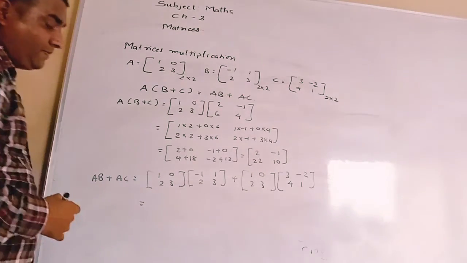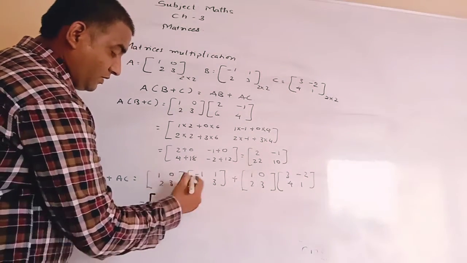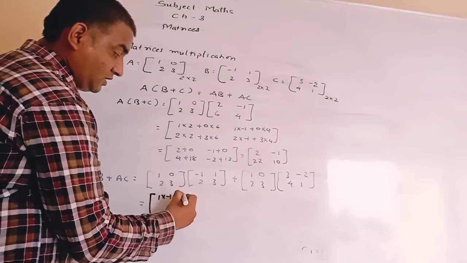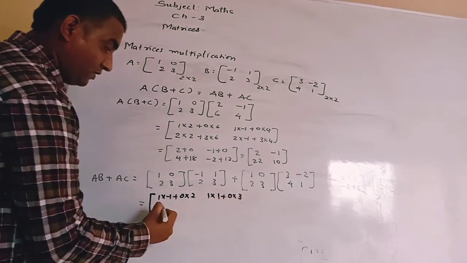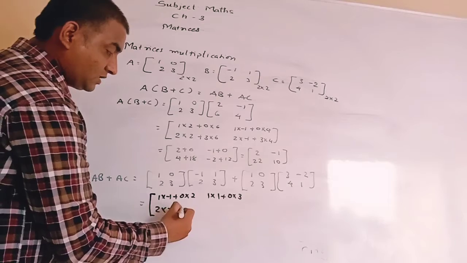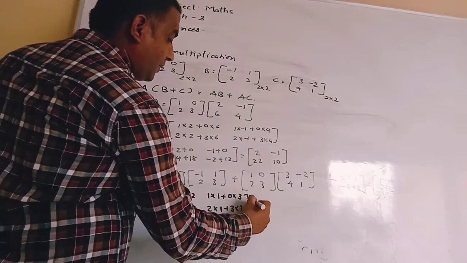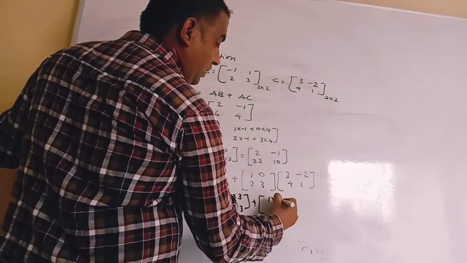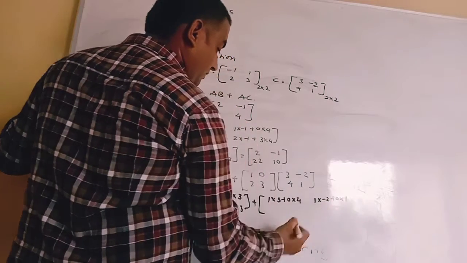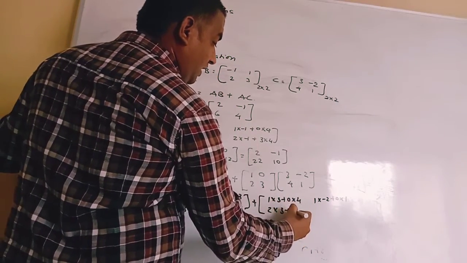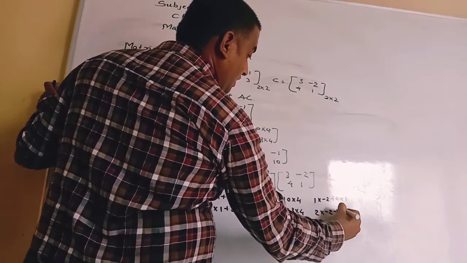So we can multiply them and write 1 into -1 plus 0 into 2, 1 into 1 plus 0 into 3, 2 into -1 plus 3 into 2, 2 into 1 plus 3 into 3, plus 1 into 3 plus 0 into 4, 1 into -2 plus 0 into 1, 2 into 3 plus 3 into 4, 2 into -2 plus 3 into 1.